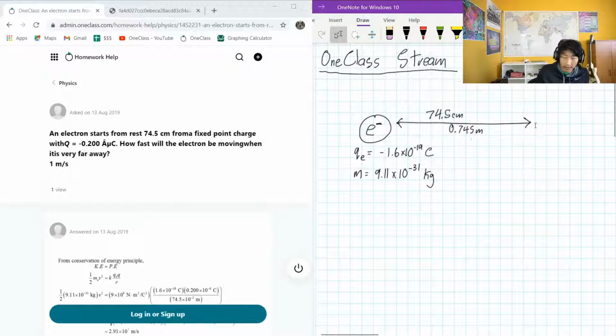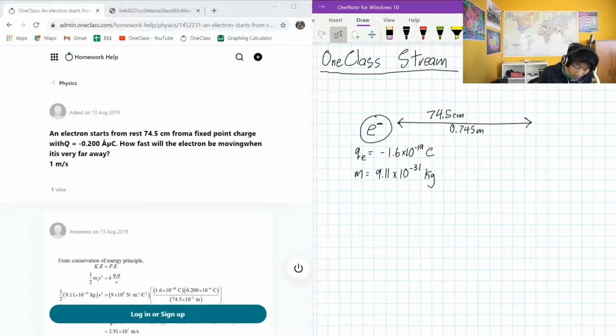Okay, so that's the distance: it is 74.5 centimeters away from a fixed point charge. Let's just call this big Q. And we know that big Q is going to be negative 0.200 microcoulombs.